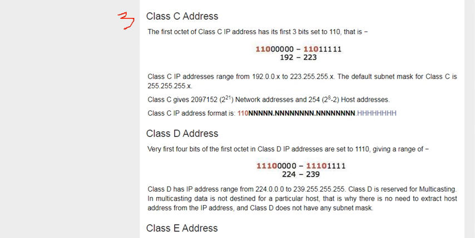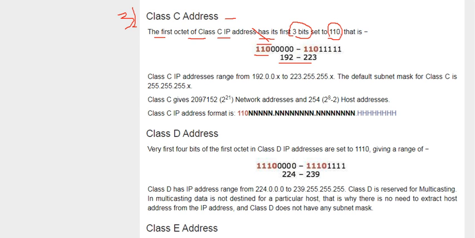Then the third type of addressing is the class C address. The first octet of a class C IP address has the first 3 bits set to 110. Then we can say that it will be a class C address of IPv4 addressing. Here in the first octet, at the MSB side, the first 3 bits are 110. So this is the class C address of IPv4.